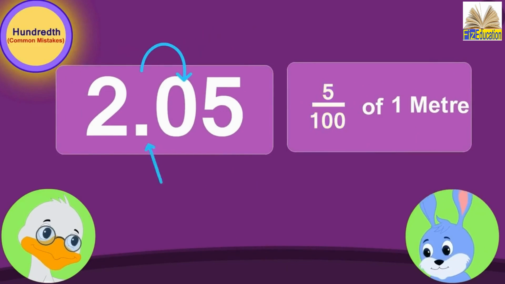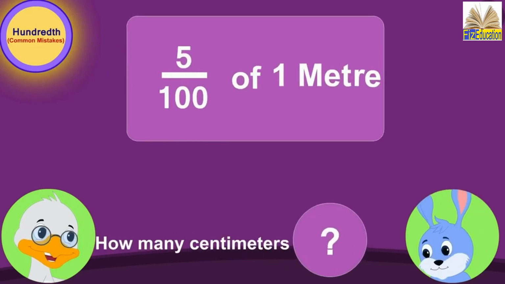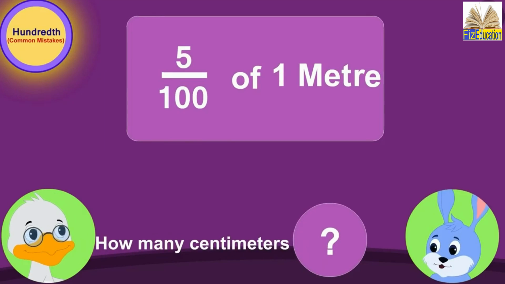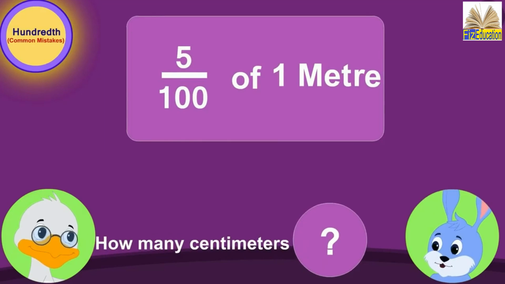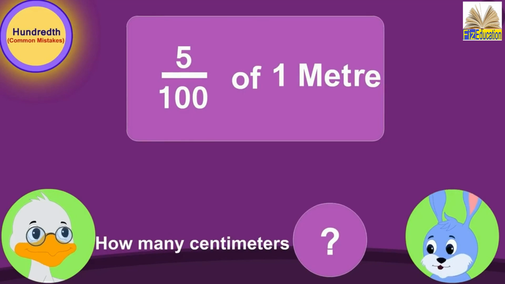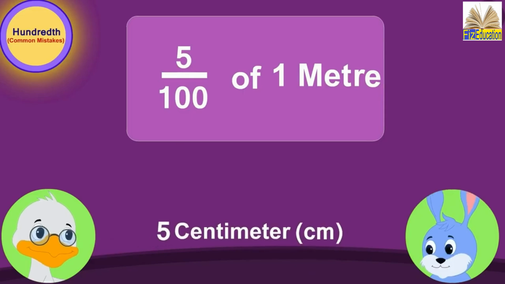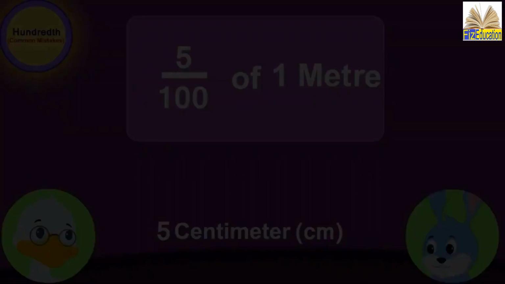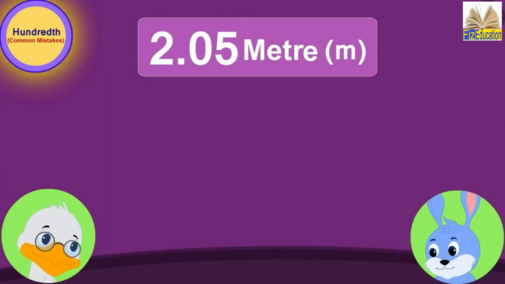Look, Bunny dear, in 2.05 meters, the decimal point is followed by 0.5, the 100th part of a meter. And how many centimeters of a meter is equal to 5 hundredths? 5 centimeters. Bunny quickly replied. Exactly.